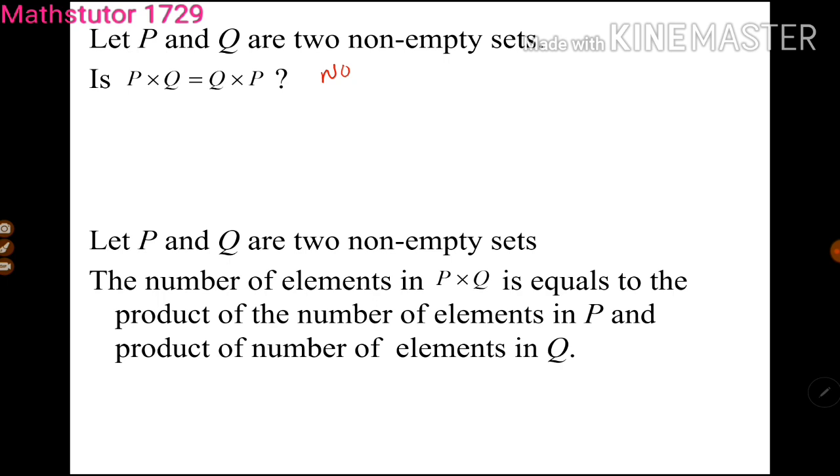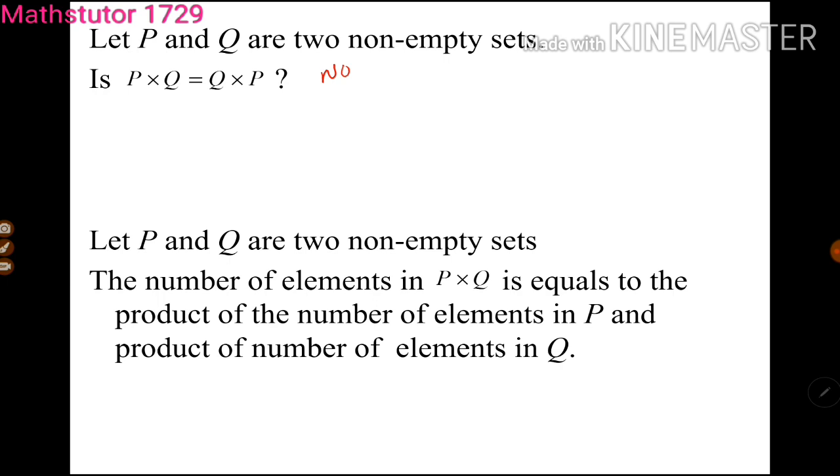before the explanation we have to recollect two things here: equality of sets and equality of ordered pairs. Equality of sets: if two sets are equal, the elements of these two sets are the same. If two ordered pairs are equal, then the corresponding first elements are equal and the corresponding second elements are also equal.